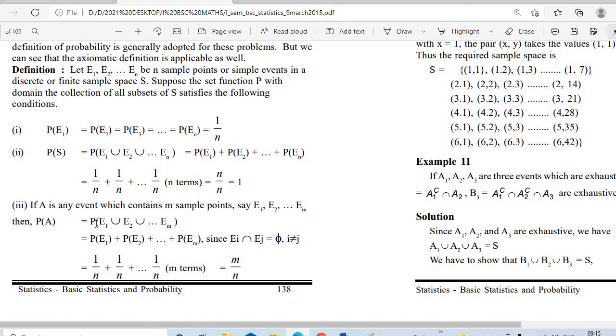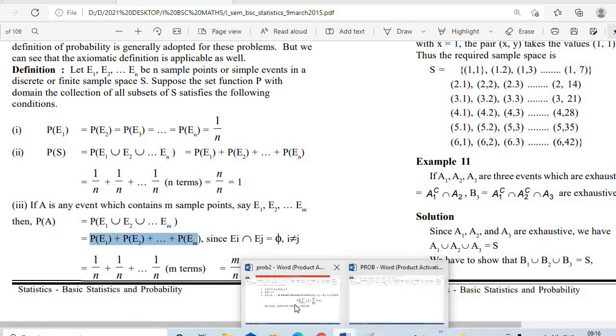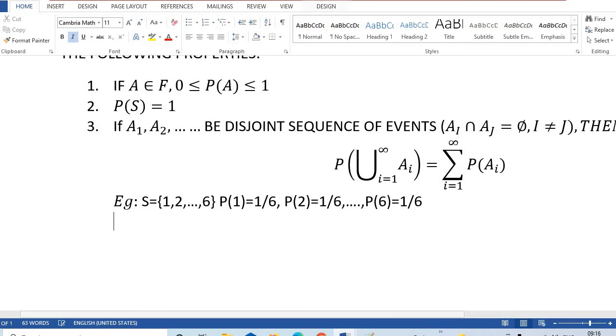So in the event A, if we have E1 up to EM, then the probability will be the sum of the probabilities corresponding to those elements. For example, suppose A is equal to the set 1, 2, 3.